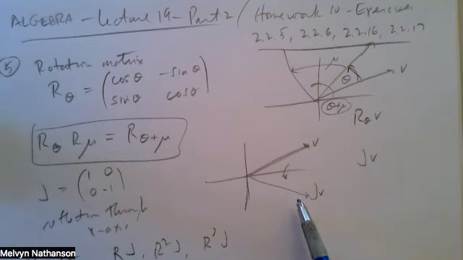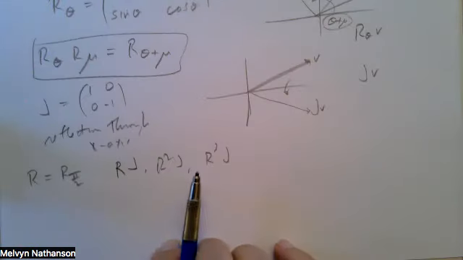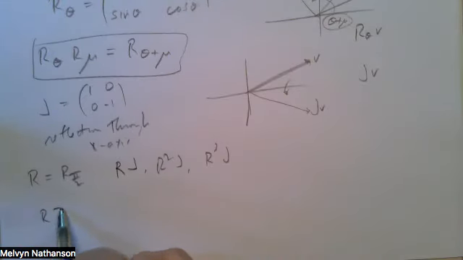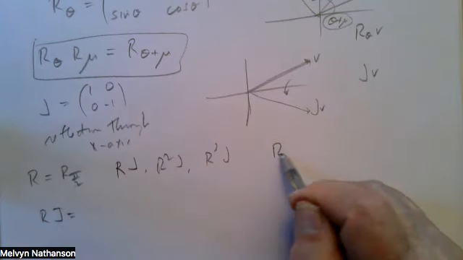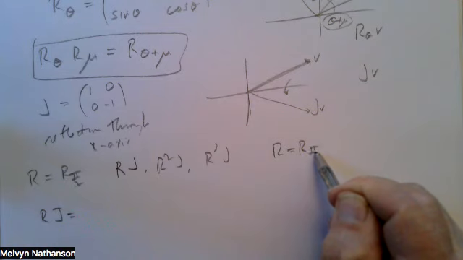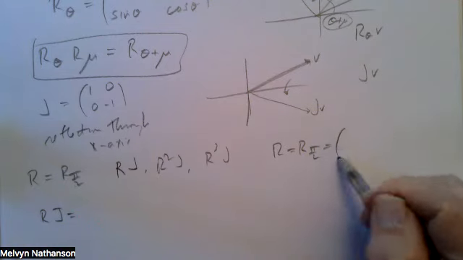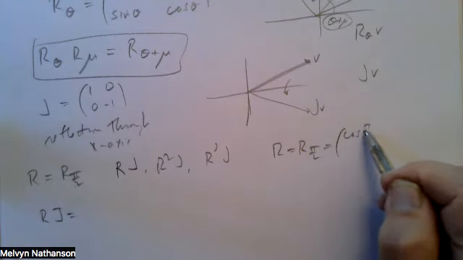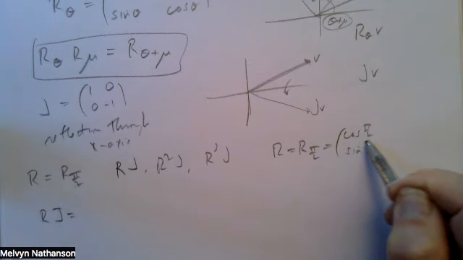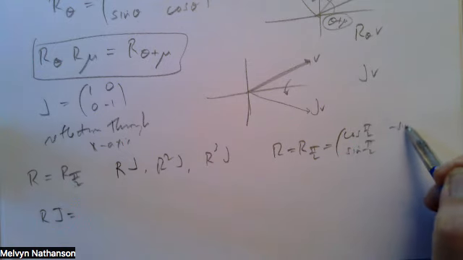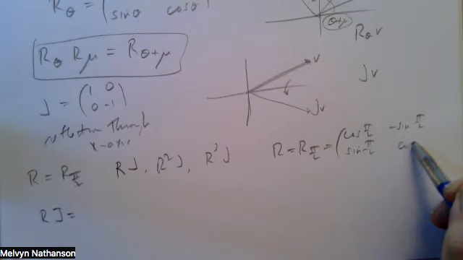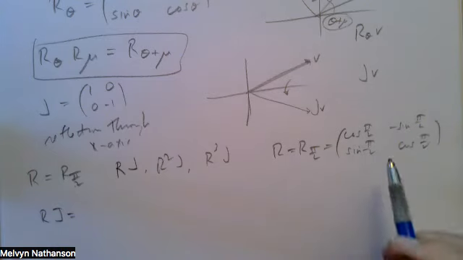So, for example, Rj: what is R, which is rotation by pi over 2? That's cosine pi over 2, sine pi over 2, minus sine pi over 2, cosine pi over 2.